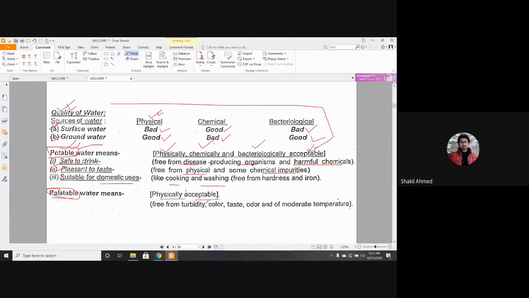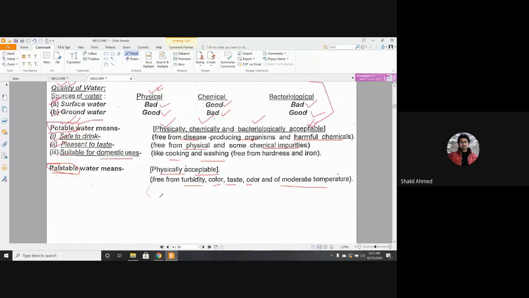Physically acceptable, fine, free from turbidity, color, taste, odor, temperature, but it may not be free from bacteria and virus. So palatable means that it looks good. There is no sand particle.